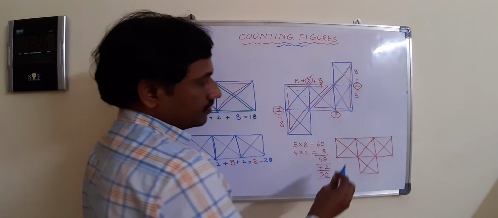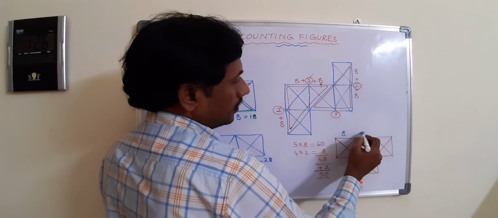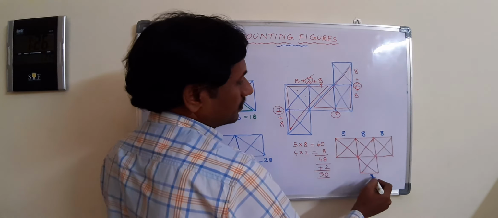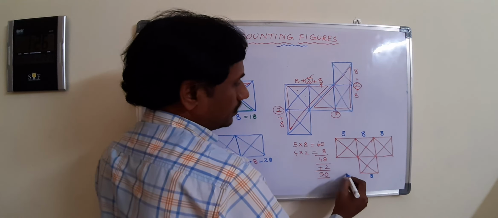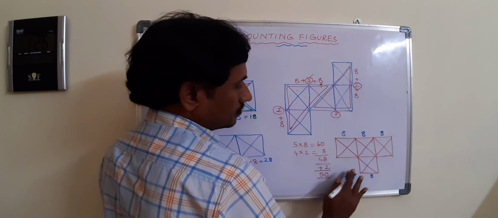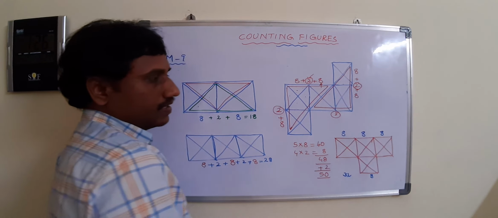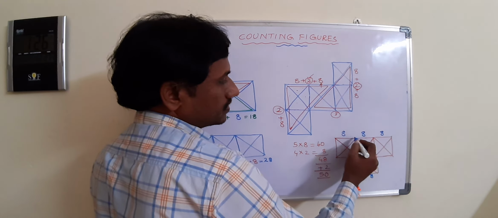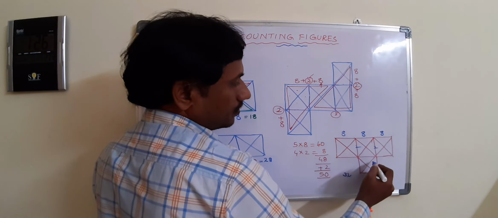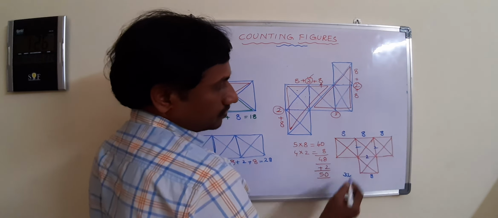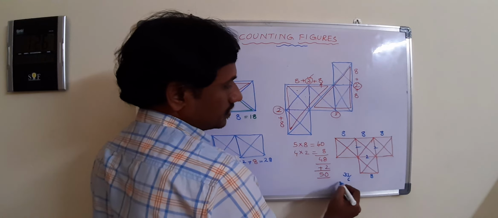First write the individual ones. Because of this square, 8, 8, 8. Just count the number of squares. 4 squares means 4 into 8, 32. Now because of the join of 2 squares, here 2, here 2, and here also 2. How many 2s? 3 2s are 6.